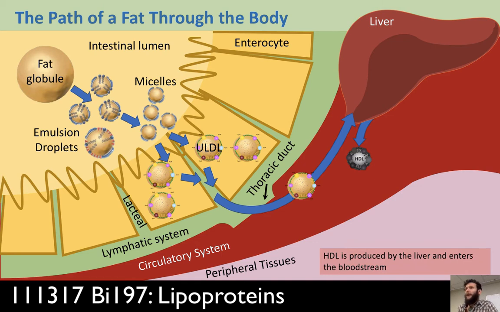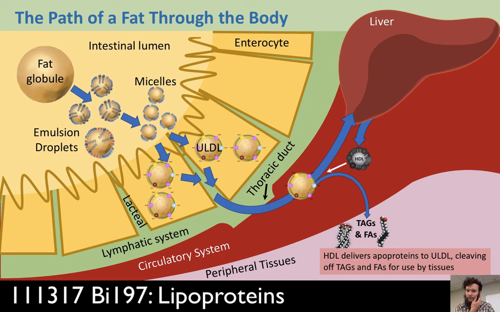HDL is often called, in an overly simplistic appellation, the good cholesterol. If you've ever heard about LDL or HDL before, it's probably in the context of good and bad cholesterol. HDL is what they refer to as the good cholesterol. So what does it do?